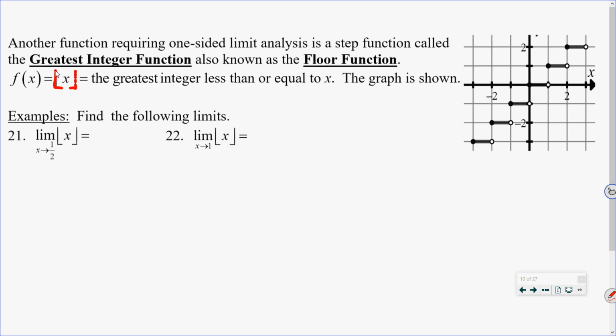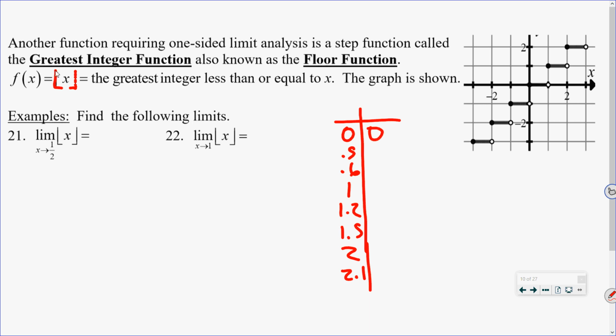So for example, let's plug some numbers in. Let's say I go 0, 0.5, 0.6, 1, 1.2, 1.5, I don't know, 2, 2.1. So if I plug numbers in, this is what happens. If I plug 0 in, I want the greatest integer less than or equal to 0. Well, 0 is an integer, so I get 0.